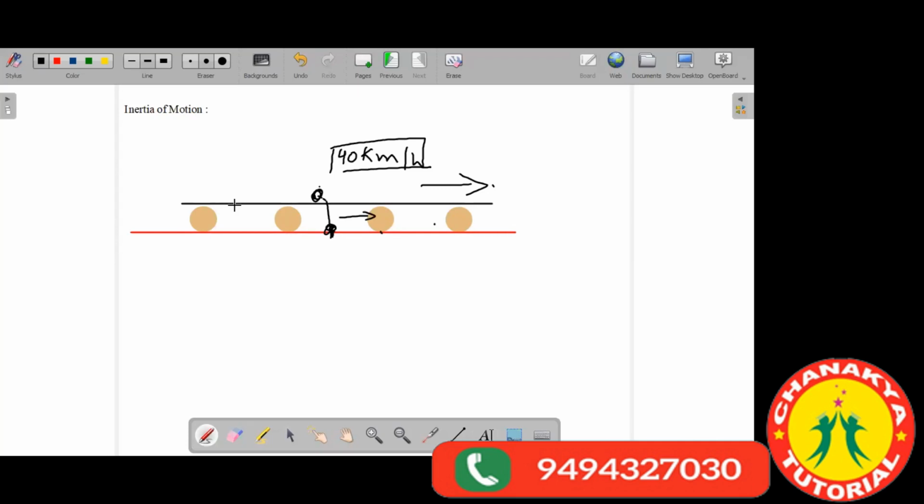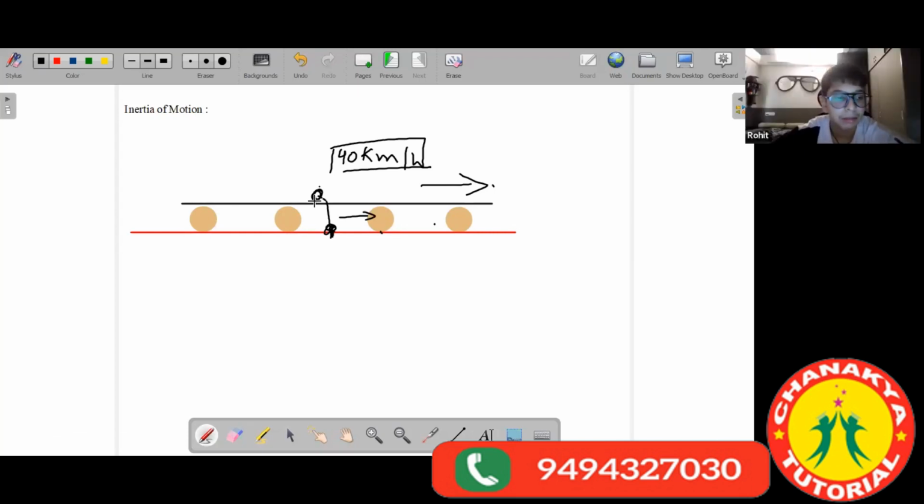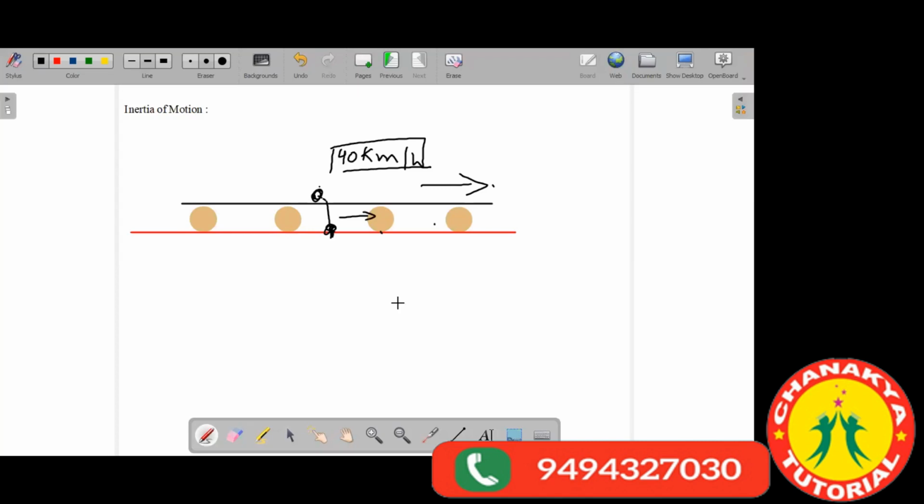Sir, the passengers will fall forwards out of the car. Yes, the passengers will fall forward, and that is why in a car we have the provision of seat belts. Seat belts are provided so that if there is sudden braking, the passengers won't fall in the forward direction. It will stop them from falling.